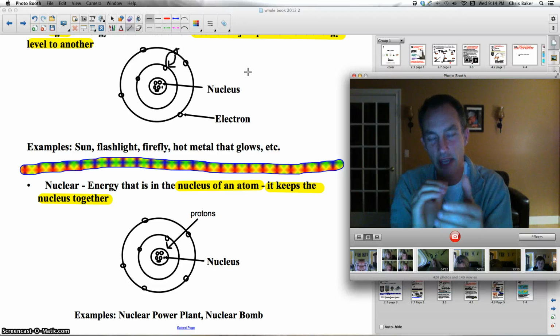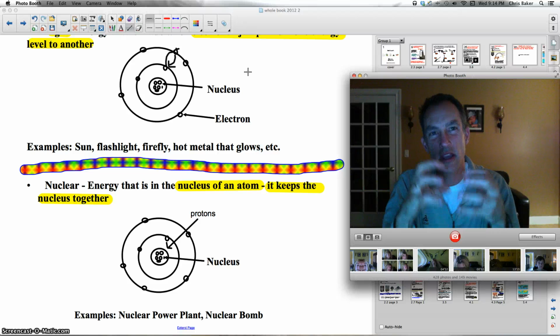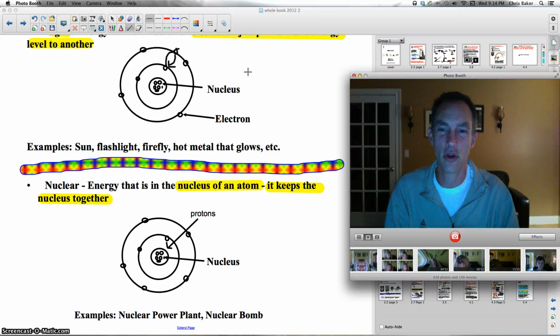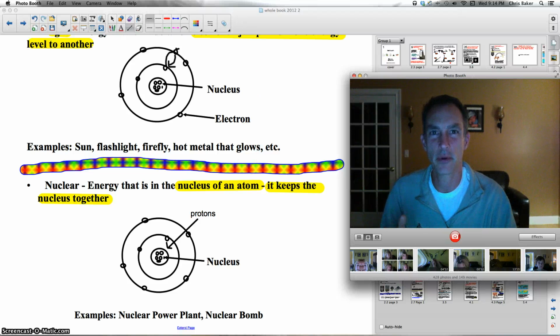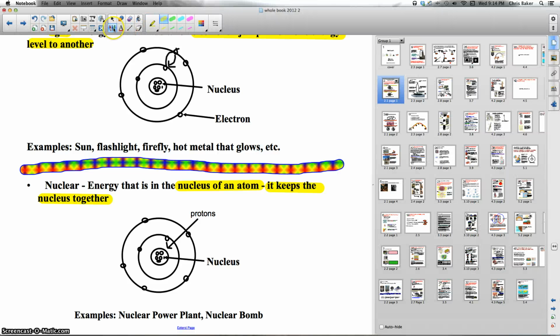This energy that keeps them together is incredibly large, and if you were to be able to, let's say, shoot a, well, you're going to lose me here again, but that's fine. If you were to shoot a little particle straight in, bang, this would go flying.